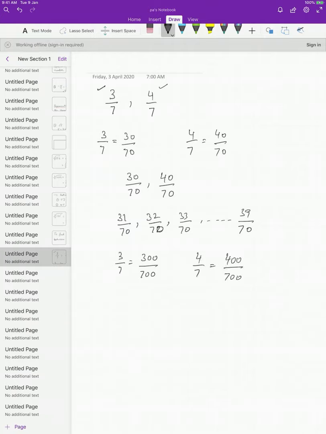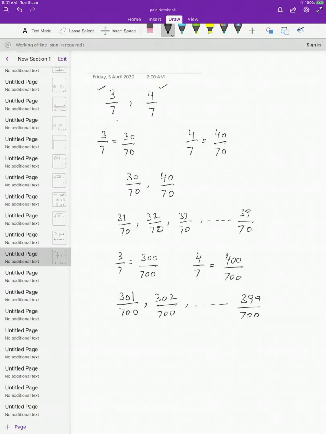So now there is so much of gap between 300 and 400. We can write so many numbers like 301 upon 700, 302 upon 700 up to 399 upon 700. So this way you can introduce as many numbers as you want between two given rational numbers.